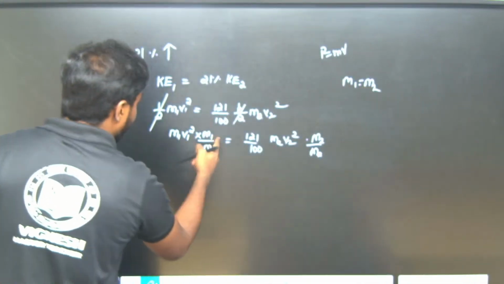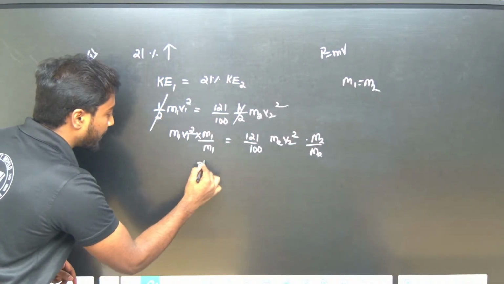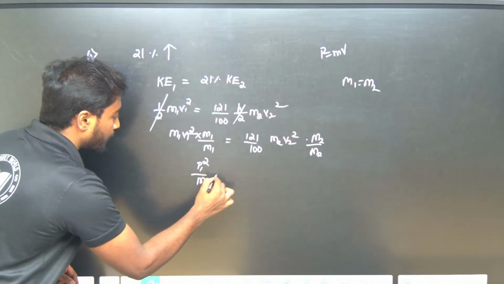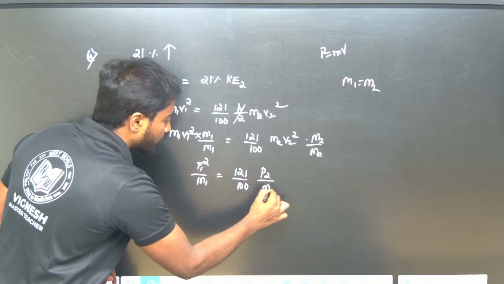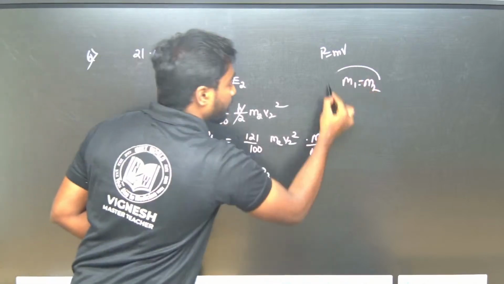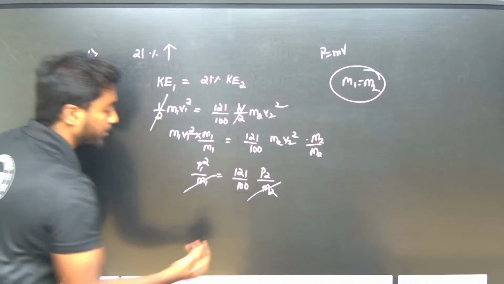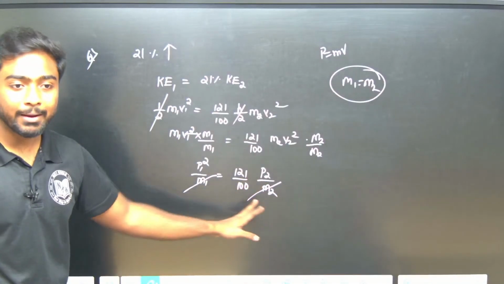Here I can rewrite this as p1 square by m1 will be equal to 121 by 100 into p2 square by m2. Since m1 and m2 are the same, I can cancel them easily. Before that, if you cancel, I can't take it in terms of momentum, so I expand in terms of momentum and then cancel the remaining terms.